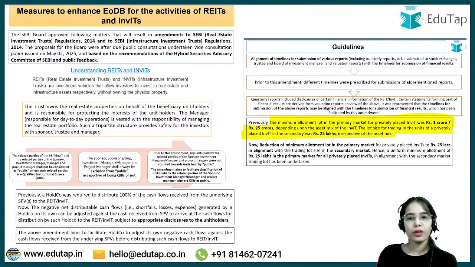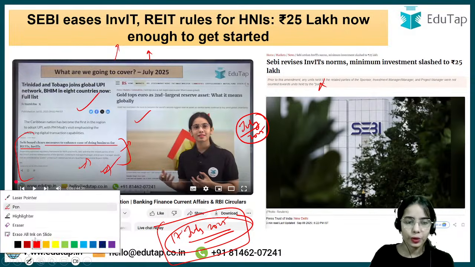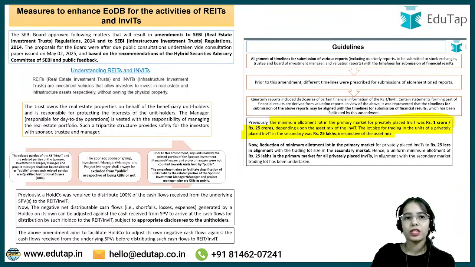So if you had already seen the July session, then this was a revision for you. If you have not seen the July session, I will suggest that you go and see it, because the articles in the July session are also very, very important. Okay. So basically, there were rules that have been brought for the REITs and InvITs. The rules have been eased.